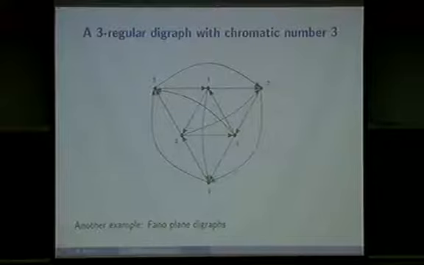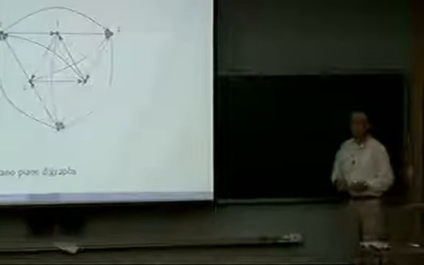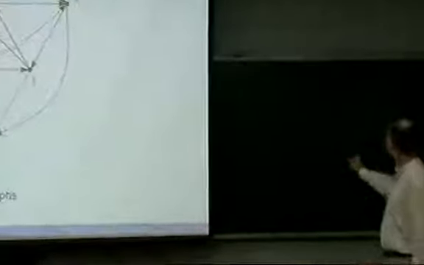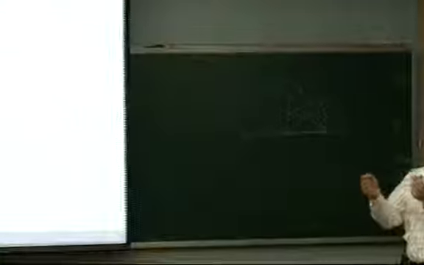Then for each of the lines, you put a directed triangle on it, and you do so for each of these 7 lines in the Fano plane. You have 2 choices how to do it, so you get 2 non-isomorphic graphs in this way. And actually, they are both tournaments on 7 vertices, since every 2 points are on the same line, so there is an edge between them.